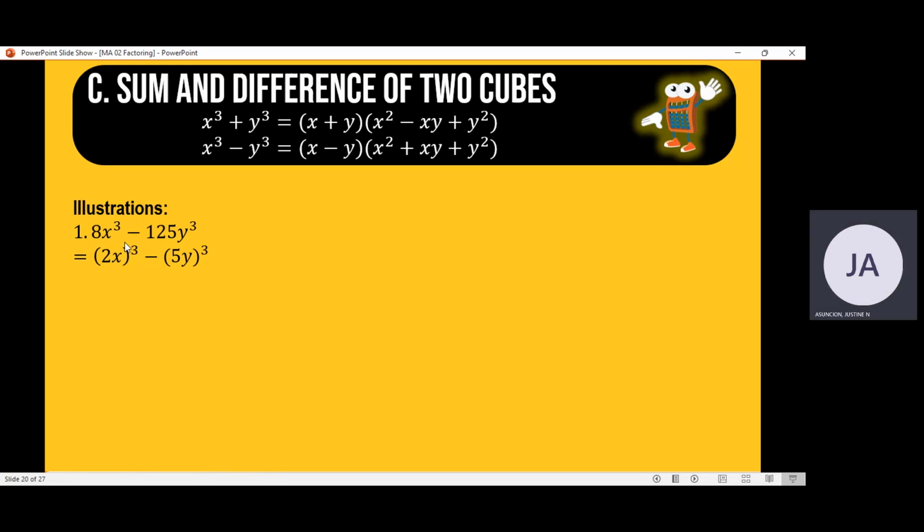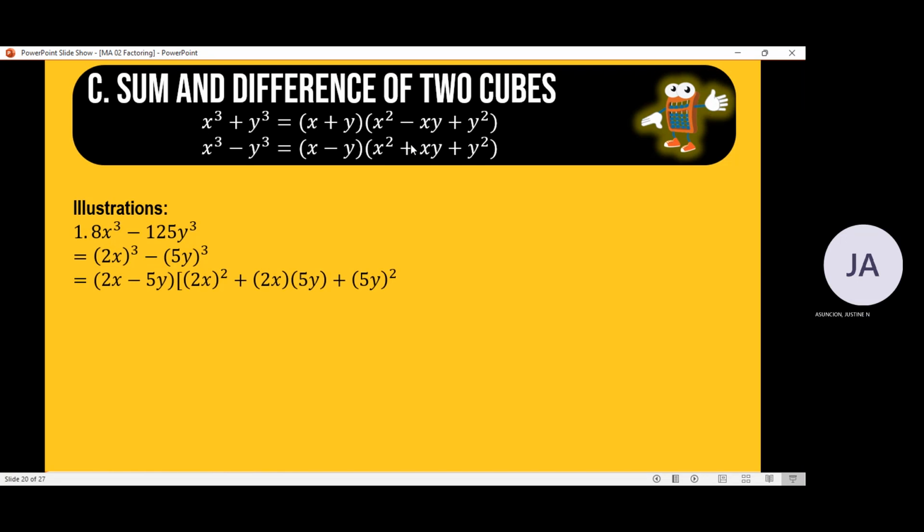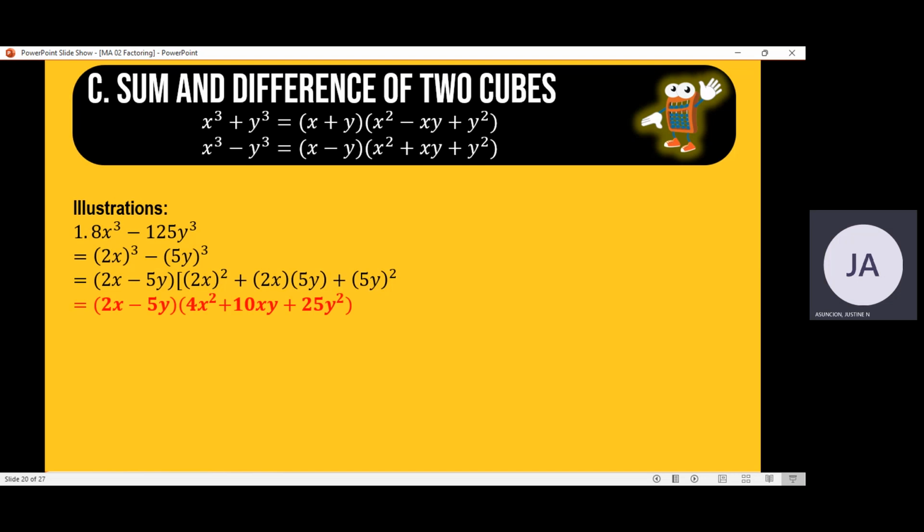We have 2x minus 5y times the quantity of the square of 2x, which is 2x squared, plus the product of the first term and the second term, 2x times 5y, plus the square of the second term, which is 5y squared. Simplifying this, we obtain the quantity 2x minus 5y times the quantity 4x squared plus 10xy plus 25y squared.